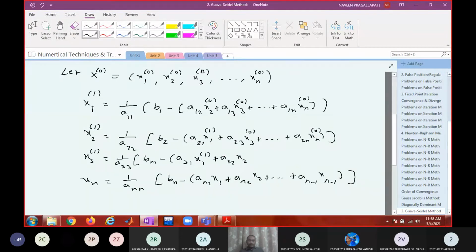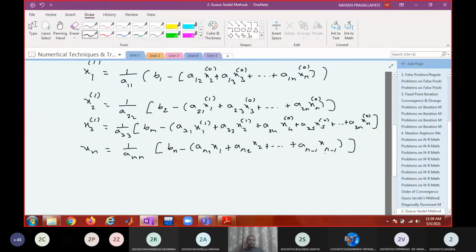Plus a34 x4. Is the x4 value updated? No. So you will be writing the old value: a34 x4 power 0, plus a35 x5 power 0 and so on plus a3n xn power 0. Do you agree? Yes sir.